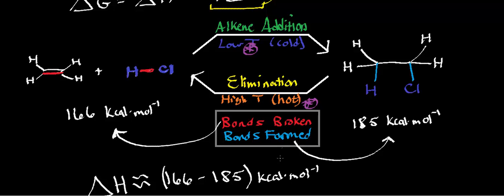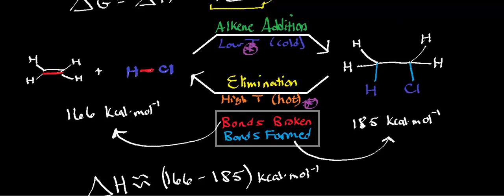So why is that? Well, here's what I'm going to do. I'm going to look at the actual energy from the bonds broken. Remember, those are the red ones I had here. The bonds broken versus the energy of the bonds that are formed. The bonds broken, that has an energy of 166 kcals per mole. The bonds formed, 185 kcals per mole.